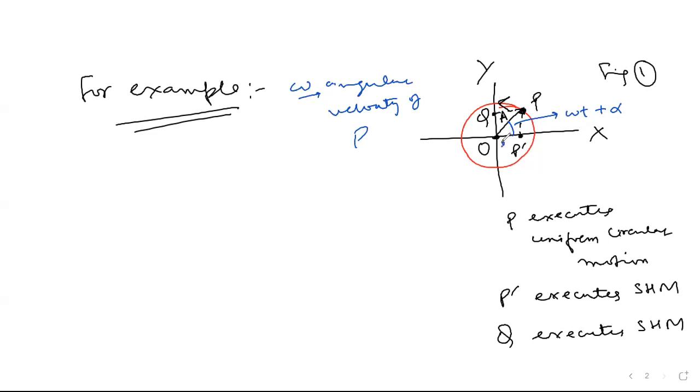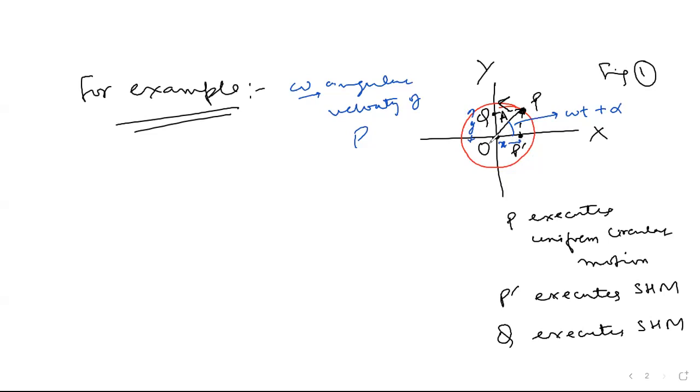And let this OP prime distance be x and OQ distance be y. This is y, this is x. And you know, as P moves along the circle, P prime also moves, Q also moves.